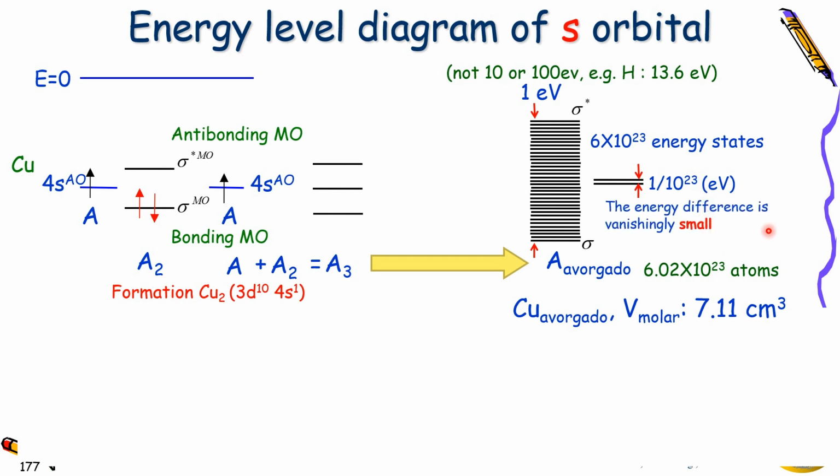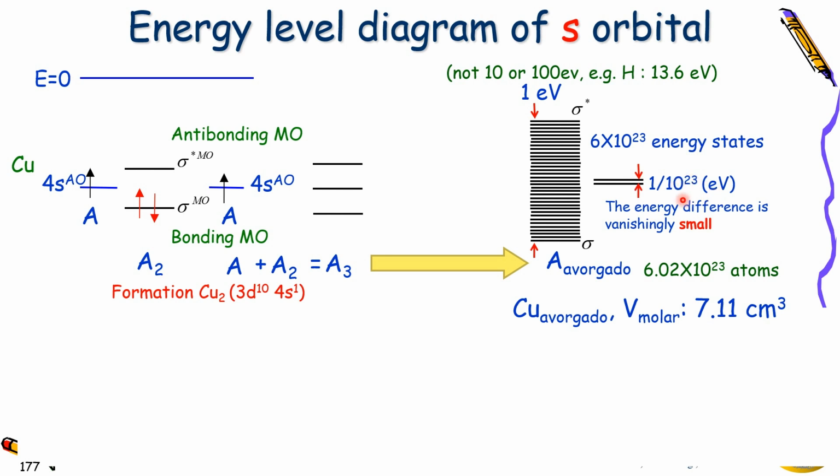The energy difference is vanishingly small. So when you have 1 electron wanting to jump from here to here, what you need is this energy. And as you know, if you give light, what's the energy of red light? 1.8 electron volt.